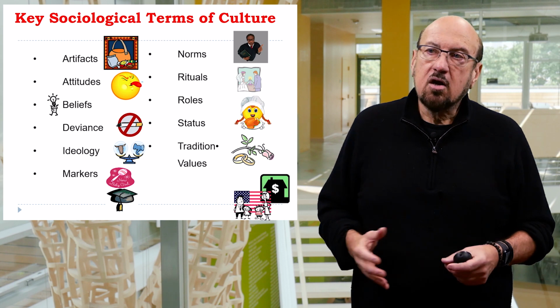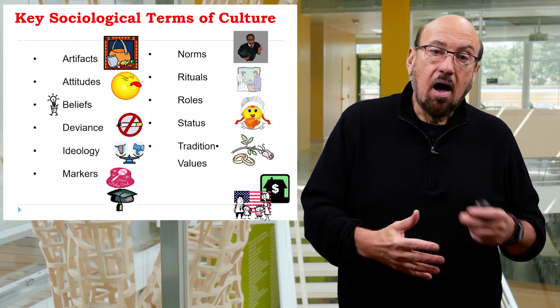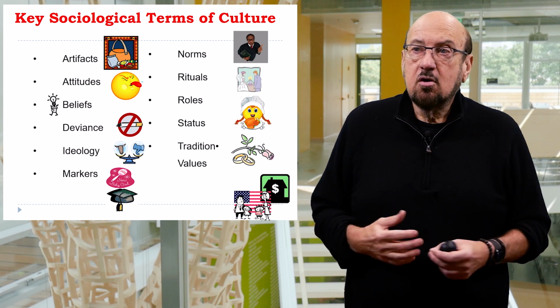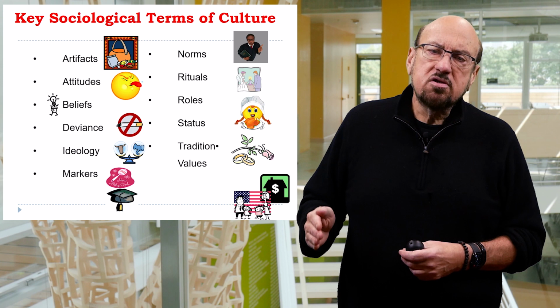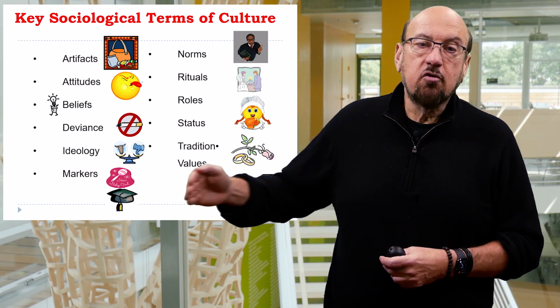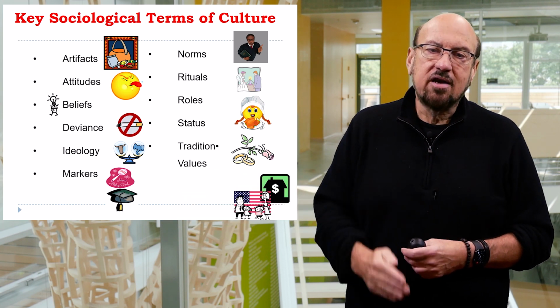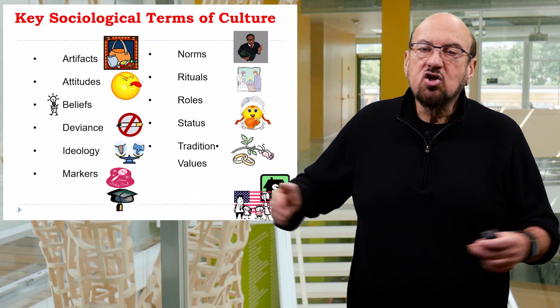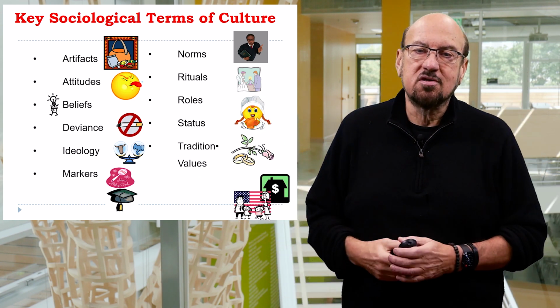So it could be a cultural artifact, which could be a product that's symbolic of our culture. Could be attitudes that we have in our culture. You know, most societies have sayings, have proverbs that sort of tell us what is correct and maybe what is not correct. You know, Benjamin Franklin in American culture provided a list of proverbs for us.